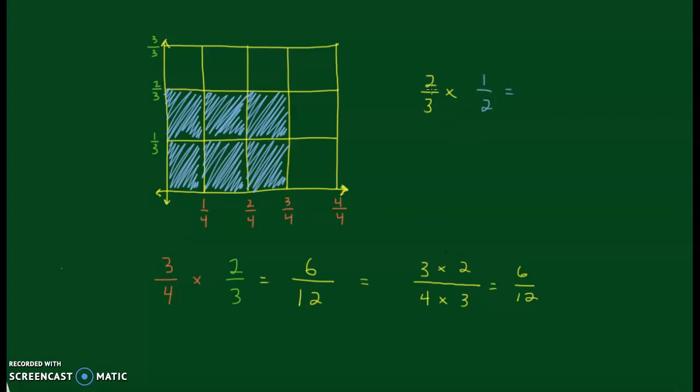Well, just like on the bottom, we can rewrite this, and we can do 2 times 1, and we can put that over 3 times 2, and that's going to give us 2 times 1 is 2, 3 times 2 is 6. So 2/3 times 1/2 is equal to 2/6.